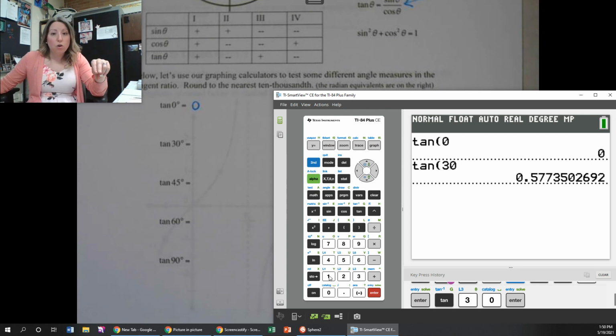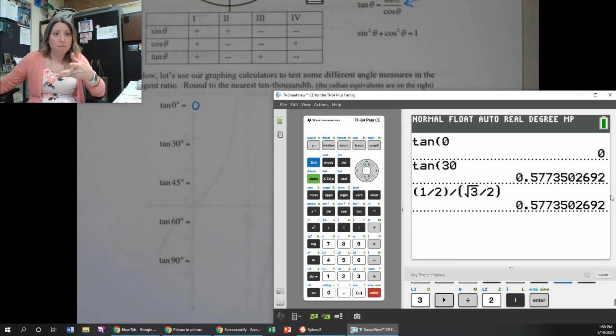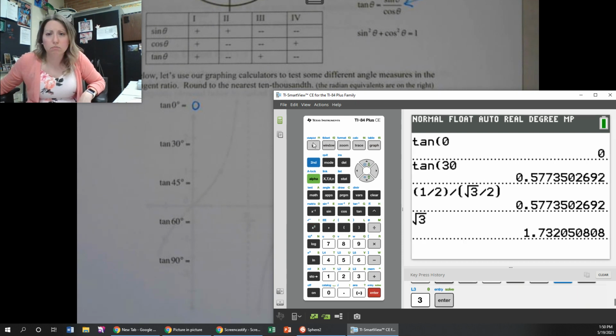Let me put it this way. Sorry. In parentheses, 1/2, and then divided by radical 3 over 2. So if I'm dividing those two things, my y value divided by my x value, that's what I get, which ends up being radical 3 over 3.